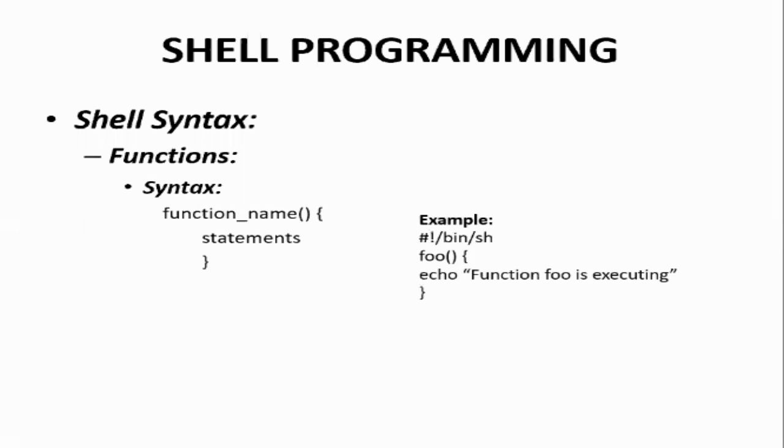And after the function definition, I'm writing some lines of code in the script like echo "script starting". I'm calling the function. Later, I'm printing "script ended" with the help of an echo statement. And at the end of the script, I'm adding the exit command with the value 0.